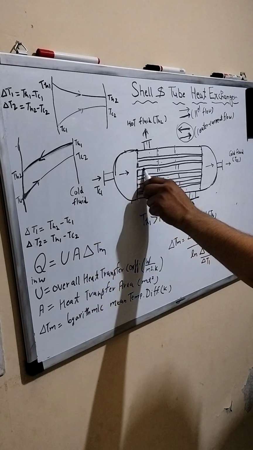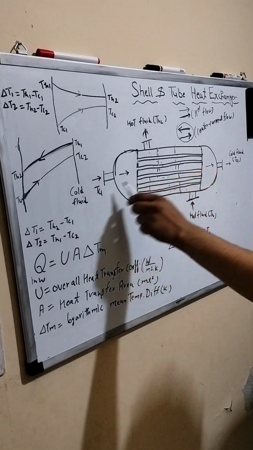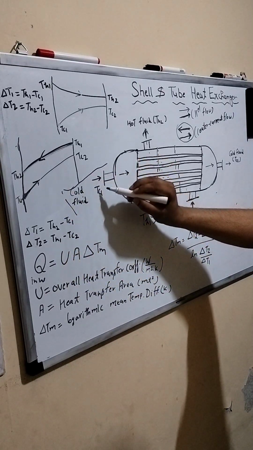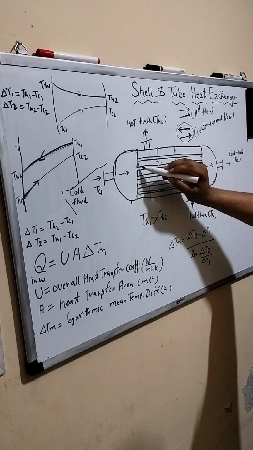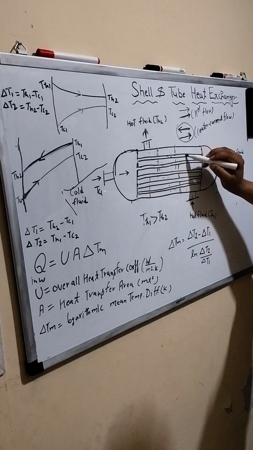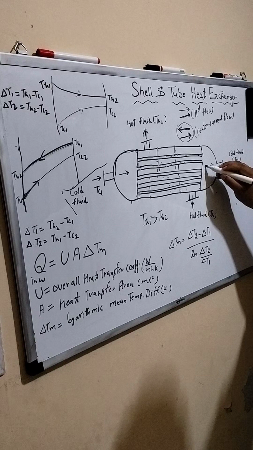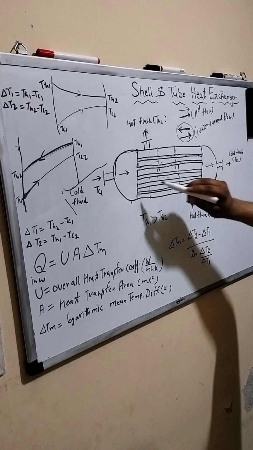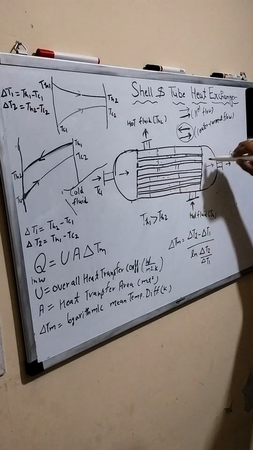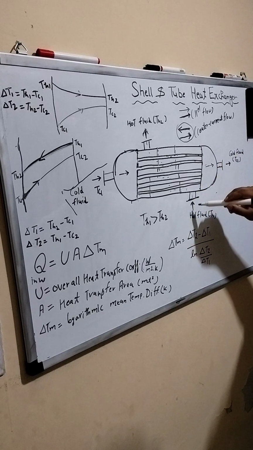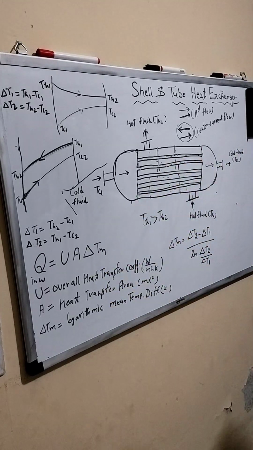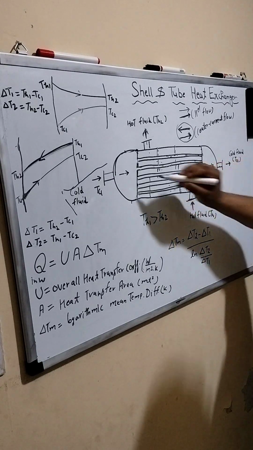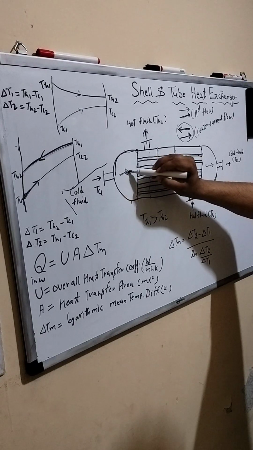This is the cold fluid, having temperature TC1, and it will move through these tubes and come out from the other side at TC2. So it is a counter current flow: your cold fluid moves in one direction and your hot fluid in the opposite direction. This is the process of the shell and tube heat exchanger.